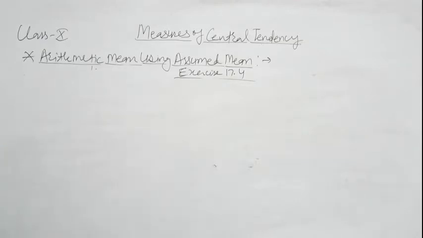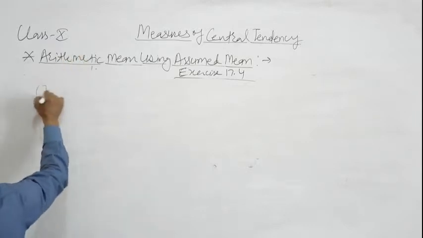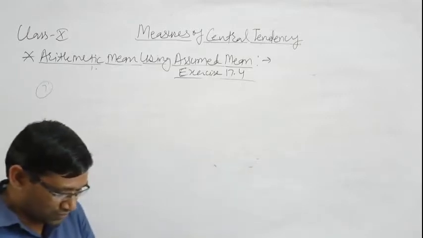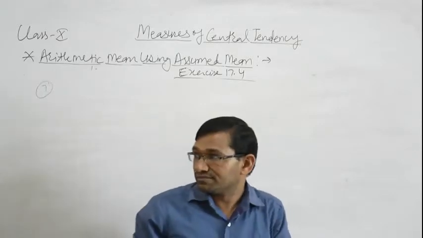Now we solve the last question, one question only. This is question number 7 and this is the last question. Find the mean from the following frequency distribution by using the step deviation method.